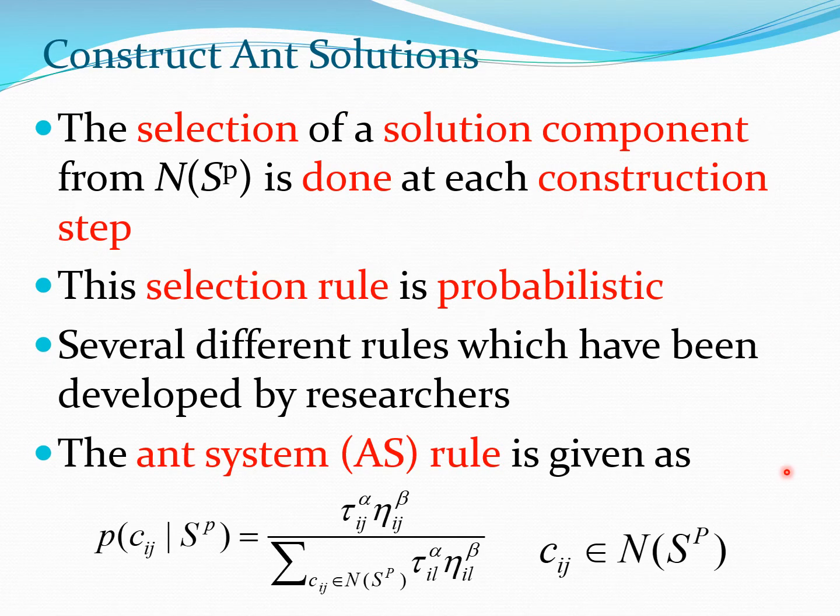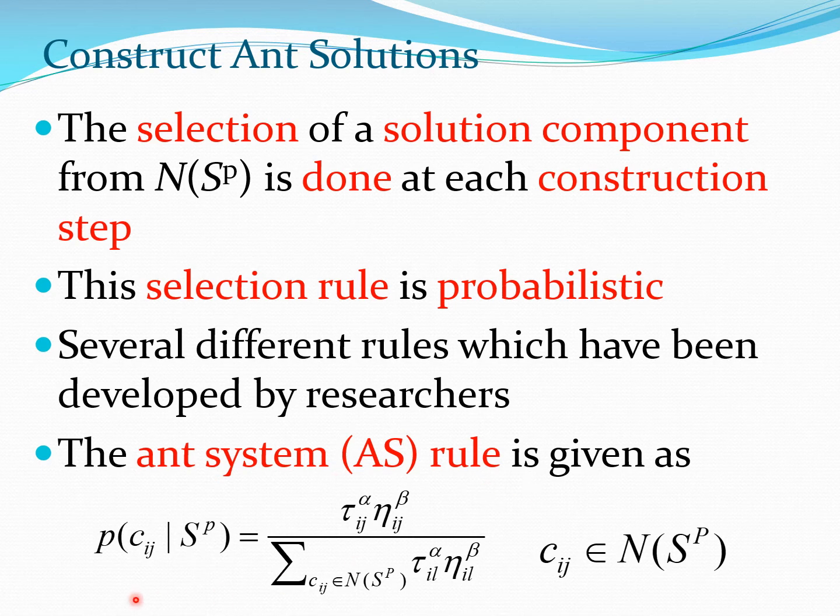Now the selection of a solution component is done at each construction step, and this selection rule is probabilistic. Several different rules have been proposed by different researchers. We are going to follow the rule known as Ant System proposed by Dorigo. So this Ant System AS rule is given in this manner.